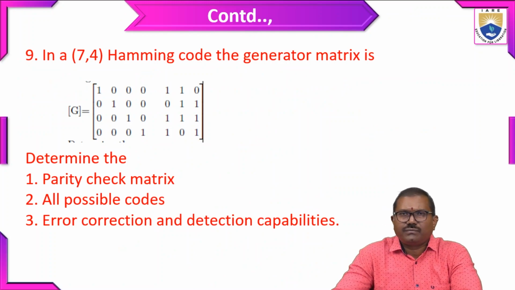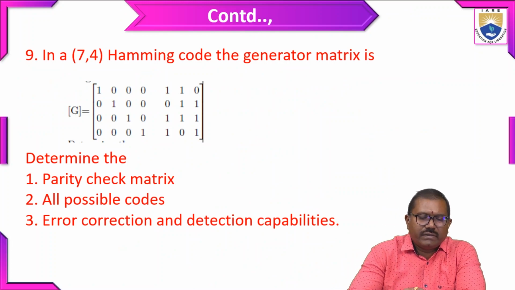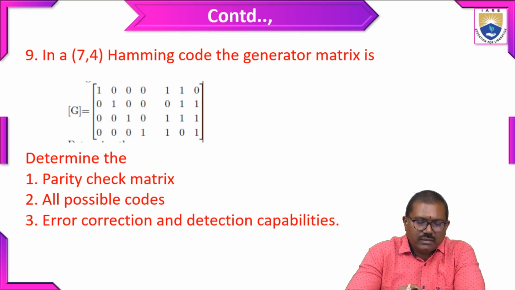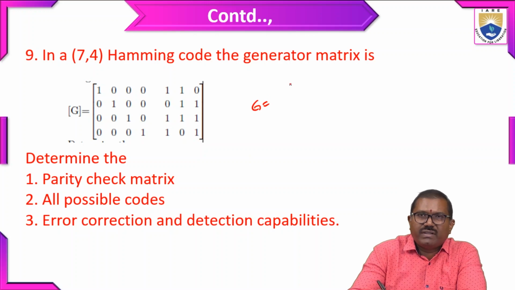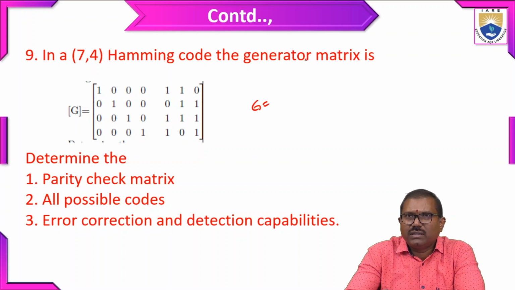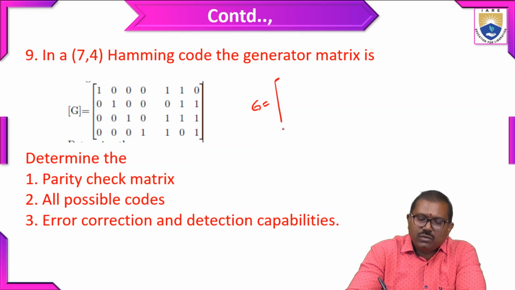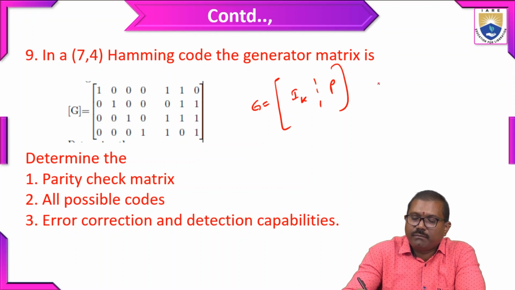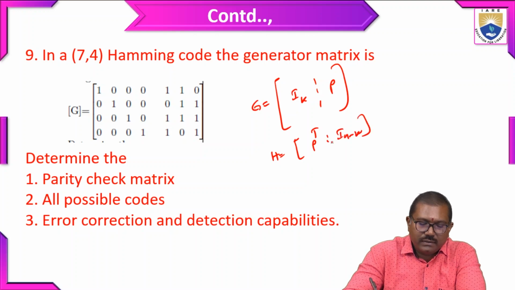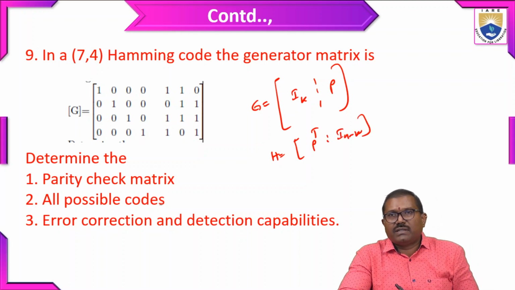So the ninth one. In a (7,4) Hamming code, the generator matrix is given; find the parity check matrix, all possible codes, and error detection and error correction capability. This is also similar to the previous one, the 6th problem. So G is in the form of [I_k | P]. From this, you go on to generate H, that is [P transpose | I_(n-k)]. Then the parity check matrix is generated.